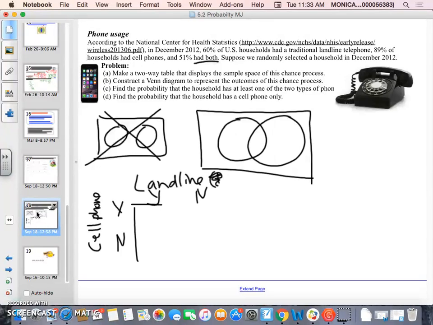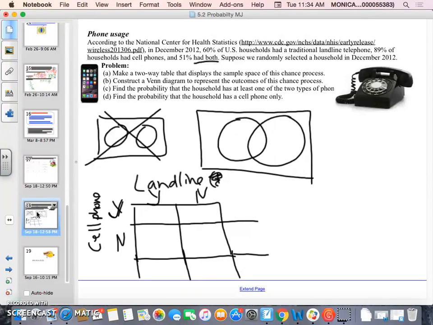And I'm going to go ahead and draw here with some overlap so that I can have my totals. Okay. So let's go ahead and fill in what we know. We know that 51% had both, and so that's yes and yes. 51% goes here.